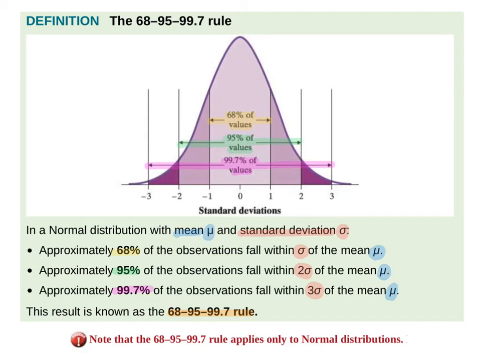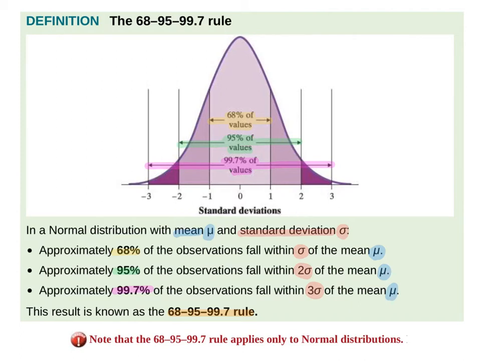So essentially what that says is, for a normal distribution with a mean, mu, and standard deviation, sigma, approximately 68% of values fall within 1 standard deviation of the mean. So from this -1 to 1 here, if we were labeling it that way in terms of standard deviations. Approximately 95% of values fall within 2 standard deviations of the mean.